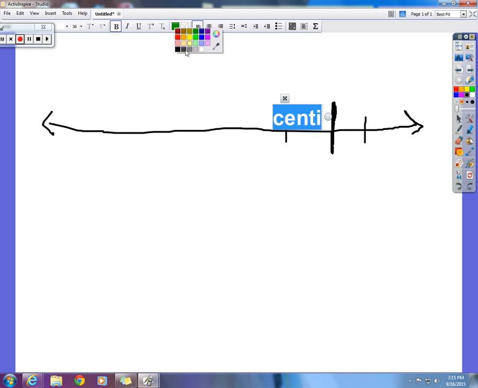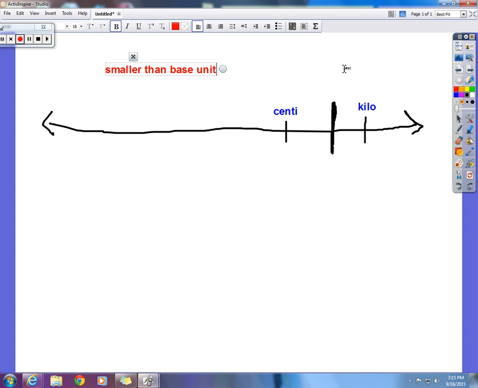And so I wanted to describe this to you. Okay, so we've got centi, or we have kilo. Okay, so remember, this side is my smaller than base unit, and this side is my larger than base unit.